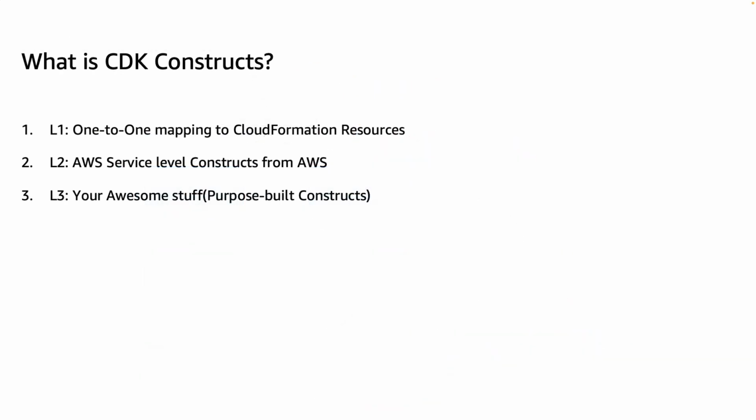So we talked about CDK constructs, what that is basically. I was talking about different levels. AWS defines this in 3 different levels. L1 is a one-to-one mapping to your CloudFormation resources. This means your S3 bucket can become an L1 CloudFormation construct, or your Lambda function will become an L1 construct, or any other native service, like if you're trying to provision an EC2, that will become your L1 construct.